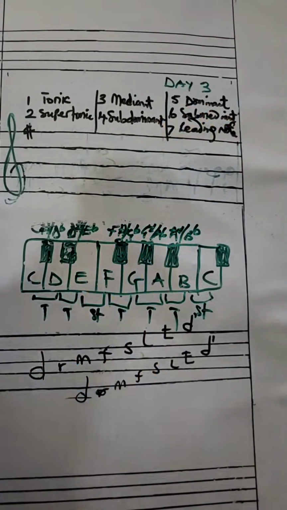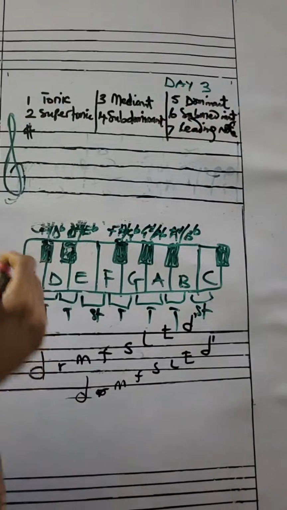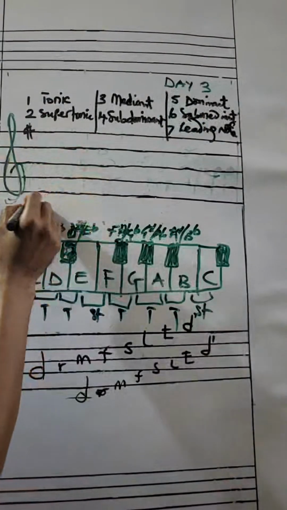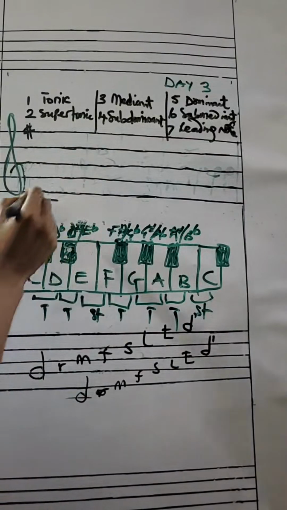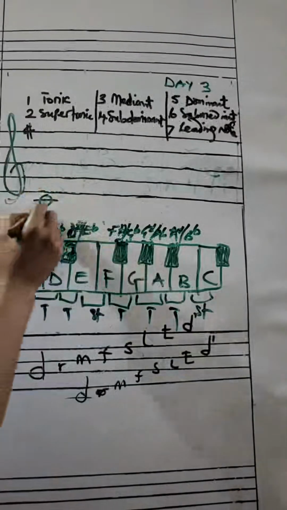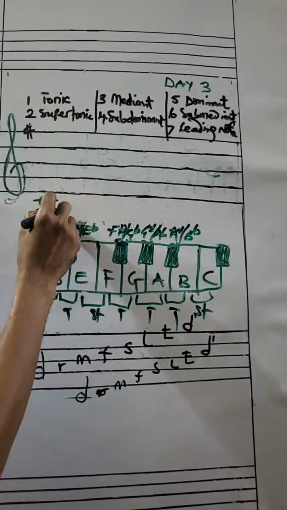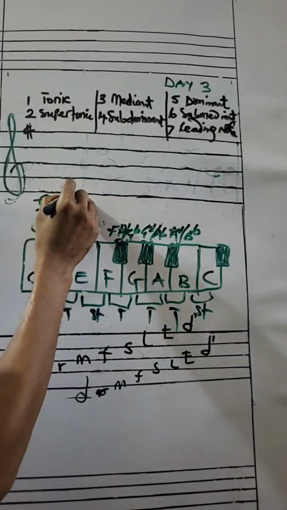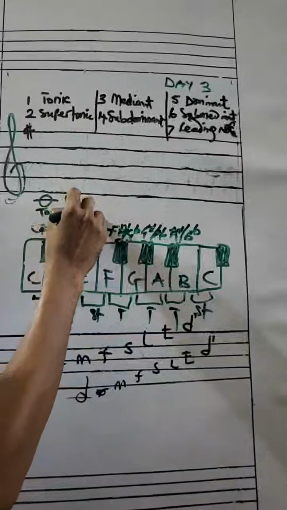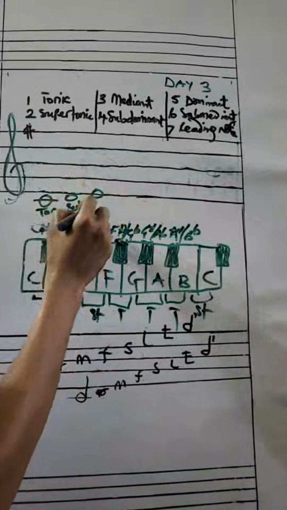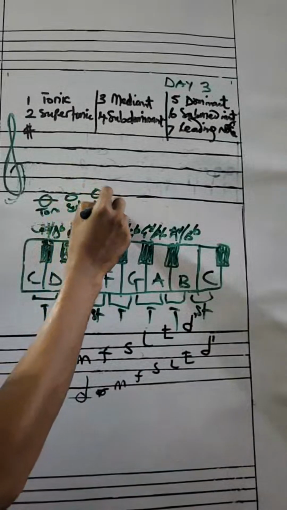So your do is your tonic. When I say your first degree, that means I'm talking about your do. For instance, we are on the key of C. So my do here is my tonic. My re, which is second, is my supertonic. My mi is my median.